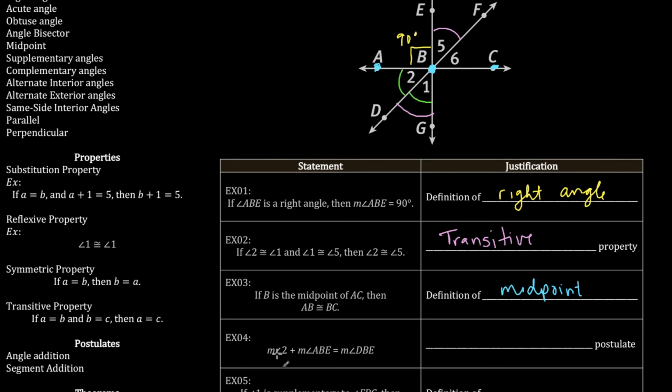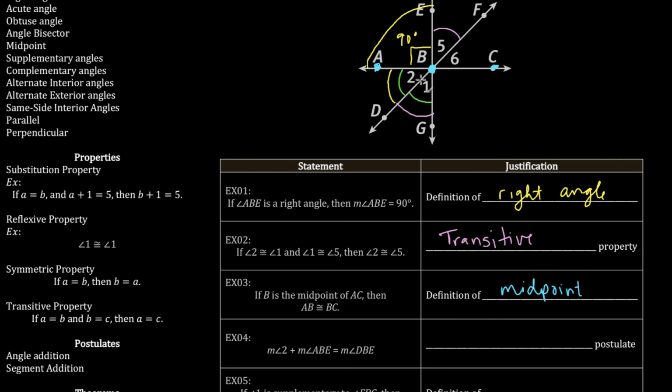Example 4. If the measure of angle 2 plus the measure of angle ABE equals the measure of DBE.